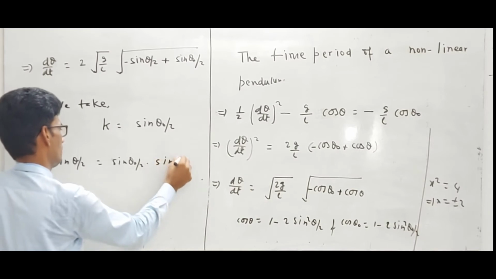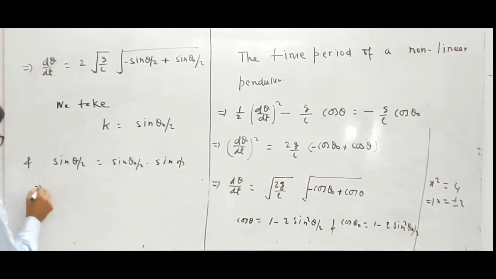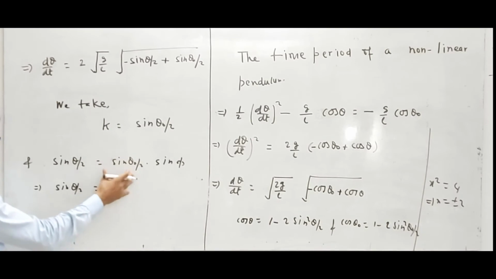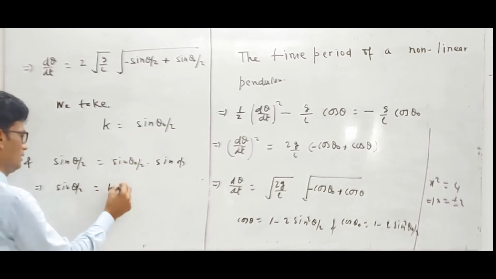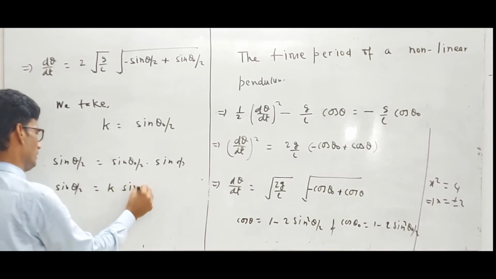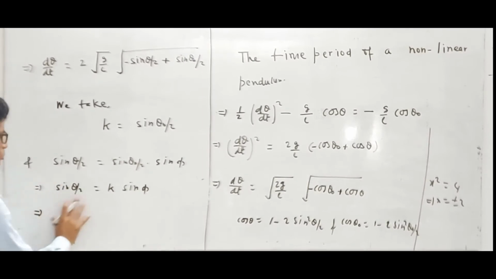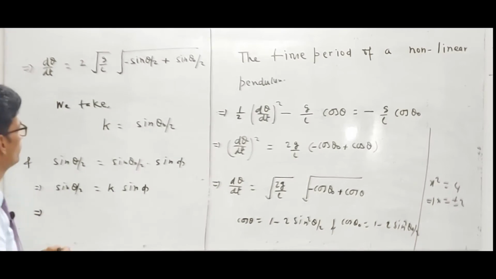So we just assume, we take. Now this implies sin theta by 2 is equal to, this is k, which is fixed, since theta naught is the amplitude. So it is a constant taken as k. And this is here sin phi. Now sin theta by 2 is equal to k sin phi.